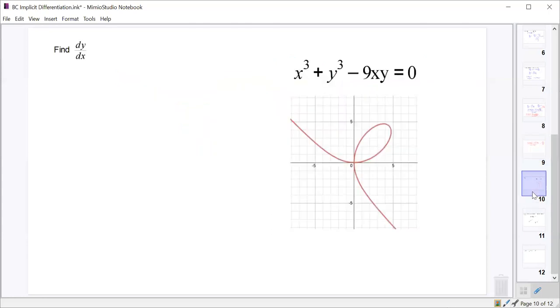Okay, let's do one more. So did you guys find the derivative of this one? Find dy dx here.